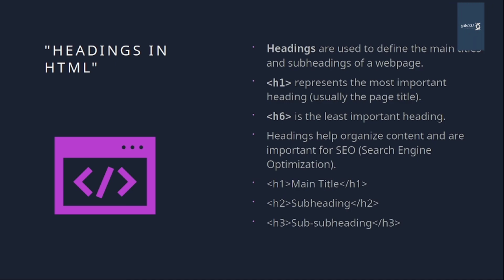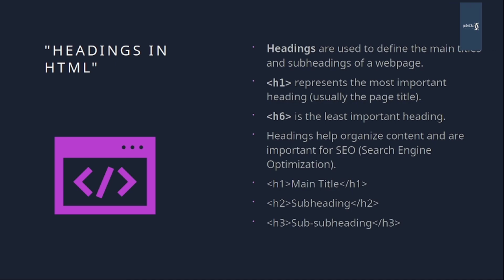So we have headings in HTML. What are headings? Headings, as I said before, are the h1 to h6 tags, and we use them in order to give a title or subtitle. Mostly we use h1 for big titles, and h6 is the smallest, and h1 is the biggest one, and it represents the most important heading, usually the page title, and h6 is the least important heading.